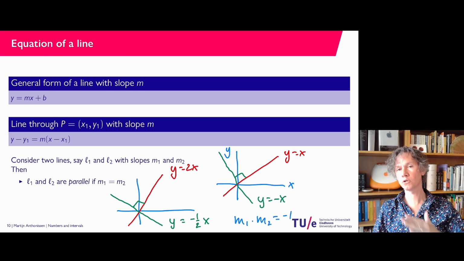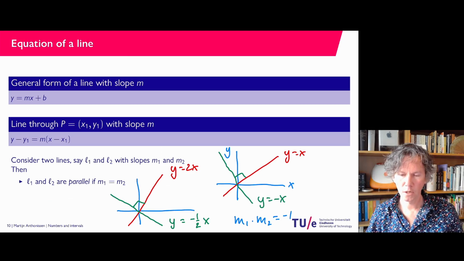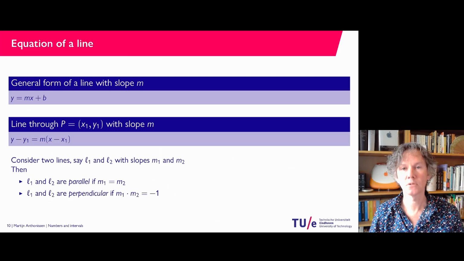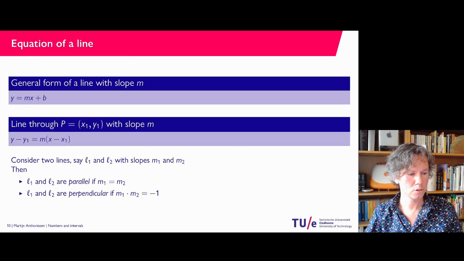So m1 is the slope of the red line, m2 is the slope of the green line, and then their product should be minus 1. So that is the last bit that is on this slide. m1 times m2 equals minus 1. And always think of these simple examples where you can easily see that.